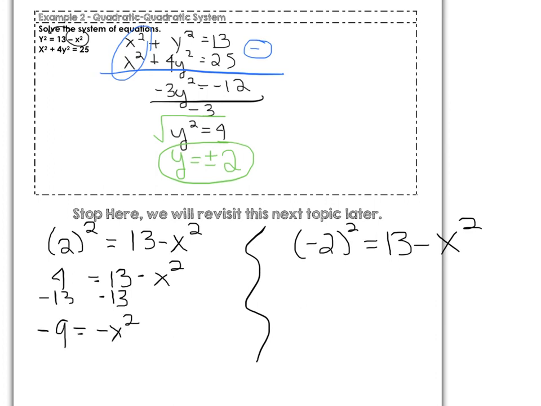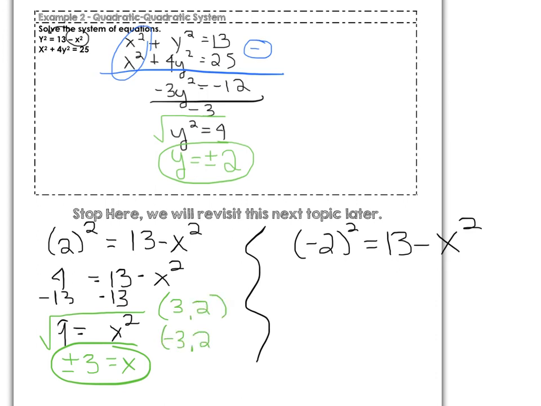If we divide both sides by a negative, it just becomes 9 is equal to x squared. Then once again, we're going to take the square root of both sides, getting me a positive or a negative 3 as my solutions. So the coordinates where I intersect are 3, 2, as well as negative 3, 2.